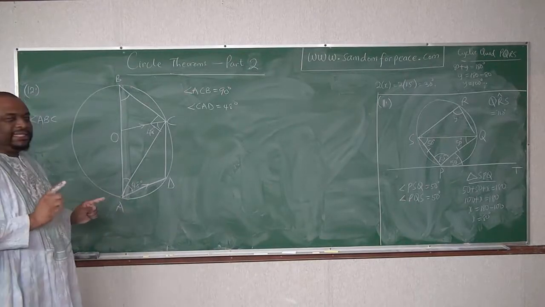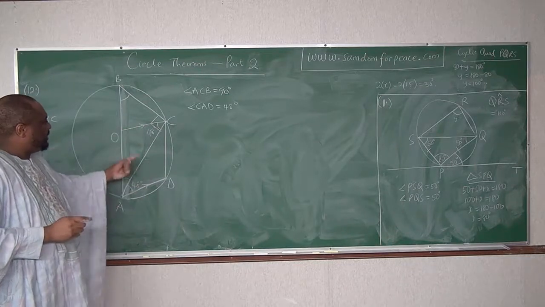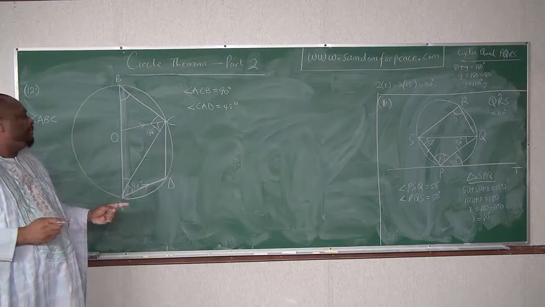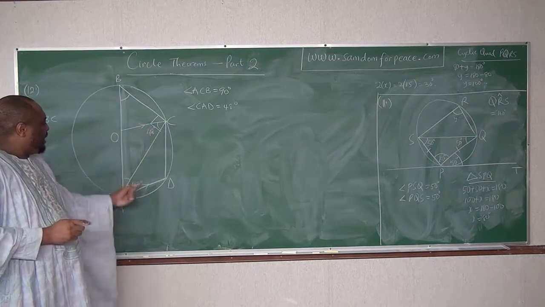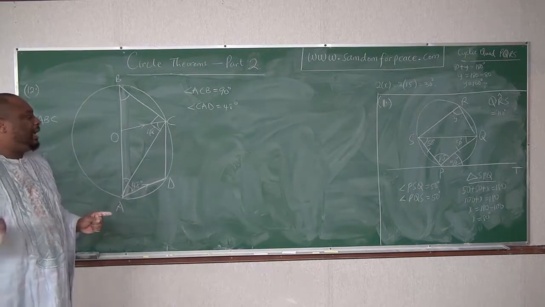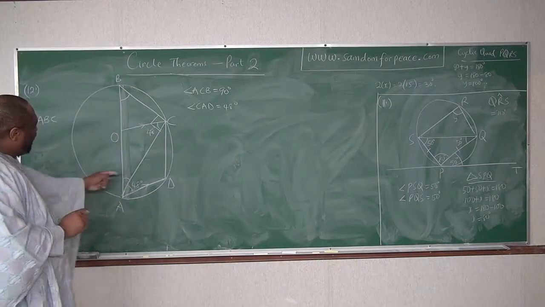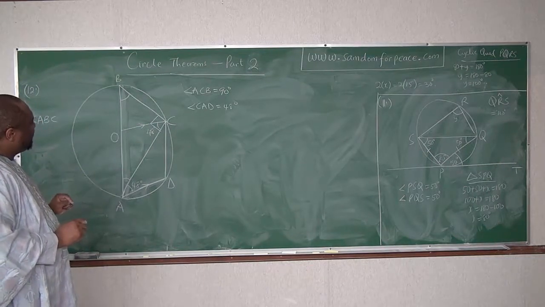Reason: alternate angles, because this is a parallel line. OC is parallel to AD, and I have a transversal that cuts it. So these alternate angles are Z angles. Okay. But we need to find this. That's the main thing though.